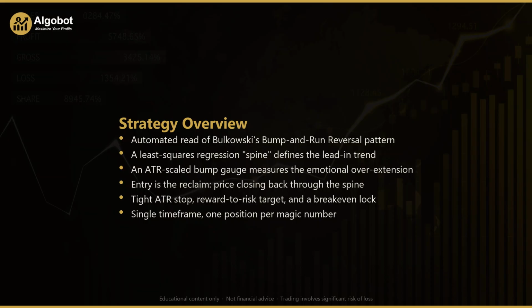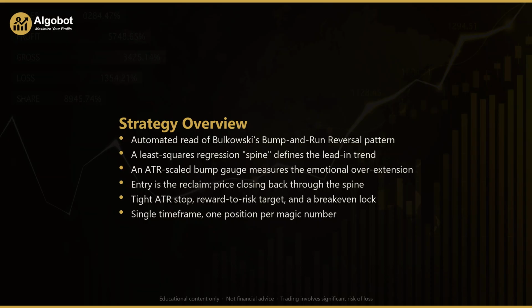When the stretch reaches a set multiple of ATR, an emotional bump is present. Third, and this is the important discipline, it does nothing until price actually closes back through the spine. That reclaim is the confirmation that the run has begun, so the strategy is never trying to catch a still falling market mid-drop.